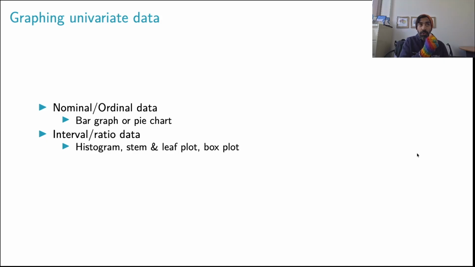And then we also focused on how we graph the data. Nominal and ordinal data can be graphed through bar graphs or pie charts. Interval and ratio data are graphed through histograms, stem and leaf plots, and box plots.